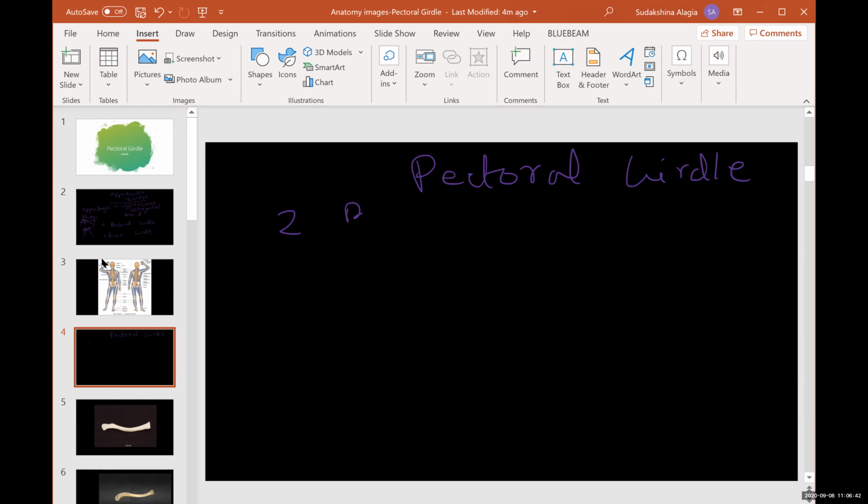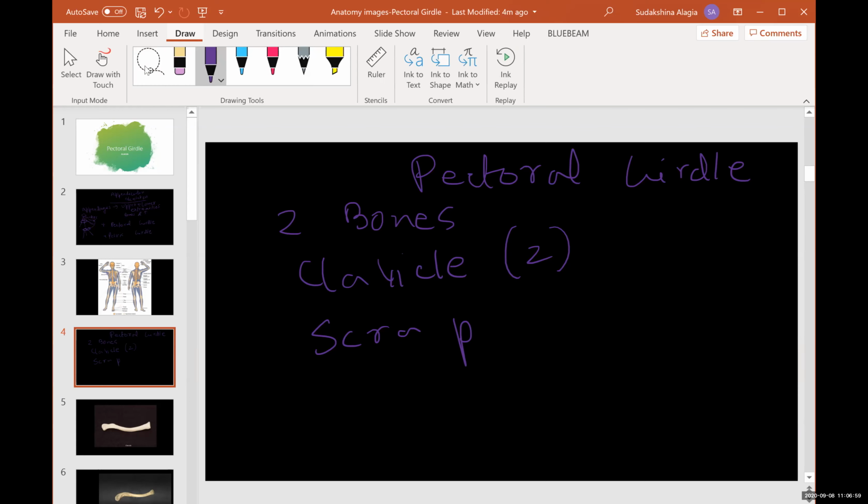Okay. So the pectoral girdle consists of the clavicle, two, one on the left, one on the right, and the scapula. Gosh, I'm thinking something and writing something else.